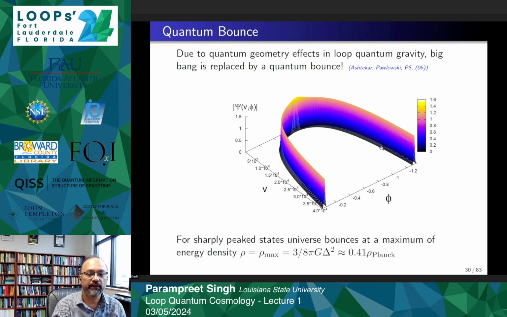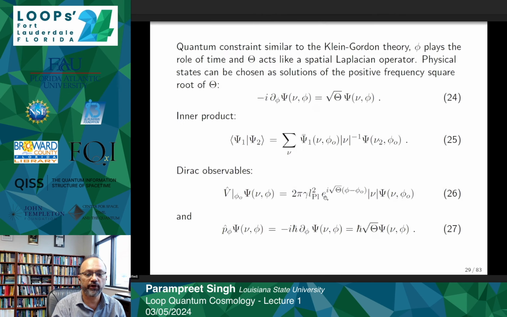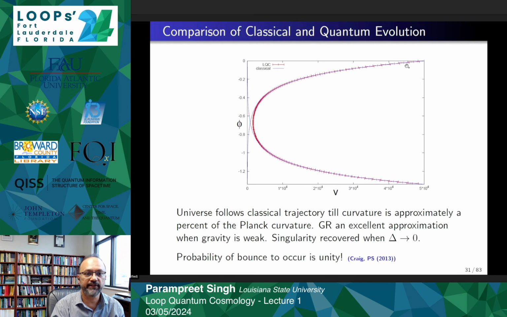And we found that when we looked at the expectation values, computed using these Dirac observables, shown here in red, there is a non-zero minimum expectation value of the volume at which the bounce happens. This was then also shown using the exactly solvable model in terms of the expectation values: there is a non-zero minimum of the expectation value of the volume.